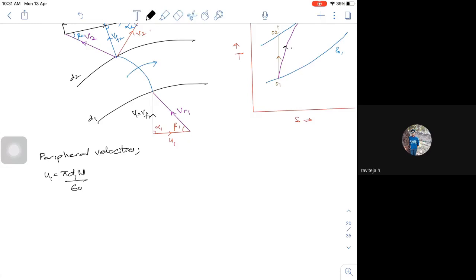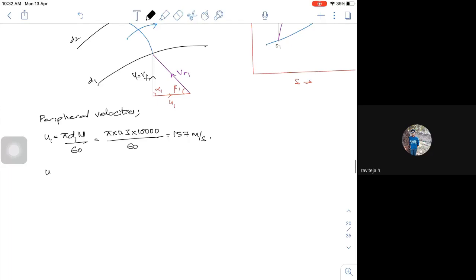If I substitute, it is pi into 0.3 into 10,000 divided by 60, which is 157 meters per second. Similarly at the exit, U2 is equal to pi D2 N by 60, which is pi into 0.6 into 10,000 divided by 60, which will be double this, which is 340 meters per second.